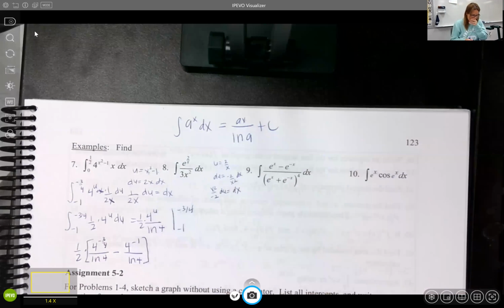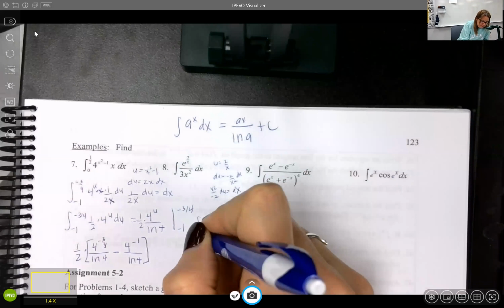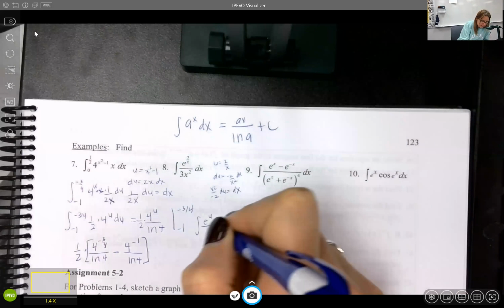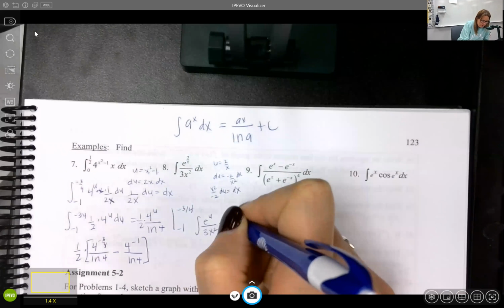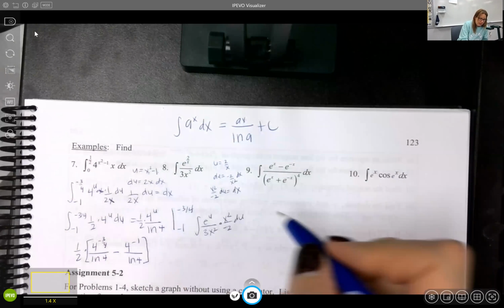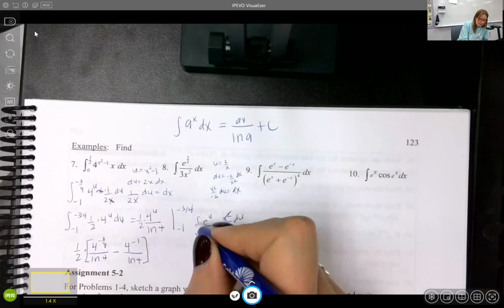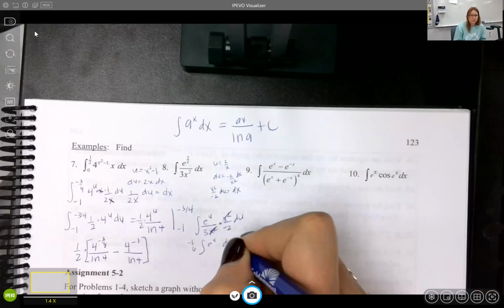So we get the integral of e to the u divided by 3x squared times x squared over -2 du. So our x squareds are going to cancel out, and I have a -1/6 times e to the u du.